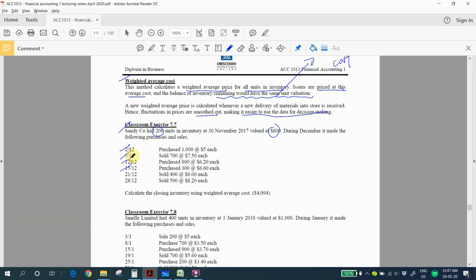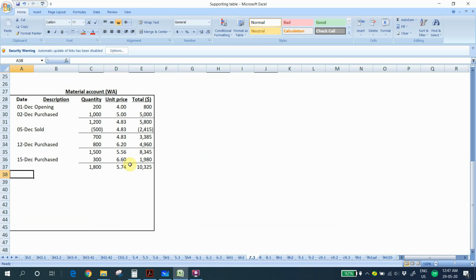Next, on 21st, I sold another 400. So 21st of December, sold 400. For the sold item, we put a negative because this will reduce our stock value and our stock quantity. So what figure to use? Use the immediate figure here.